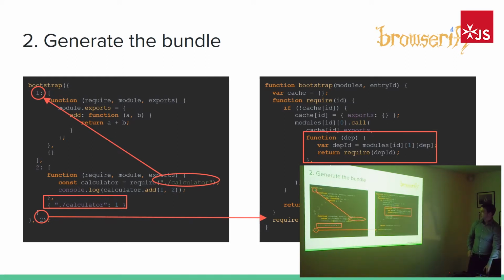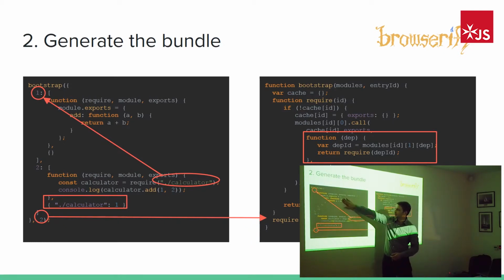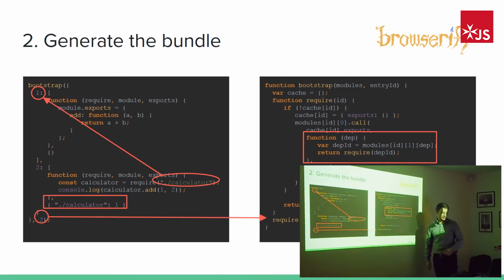And yes, what we can see here is that like that we didn't actually need to modify our modules. So here we just put the content of the index file, and here we just put the content of the calculator file.